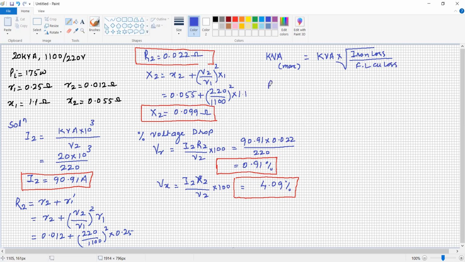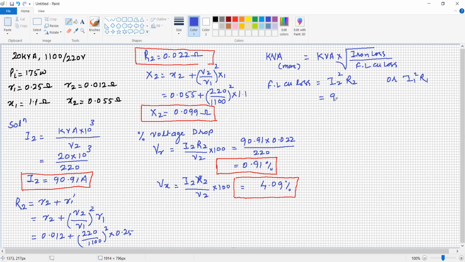So first of all, we will calculate full load Cu loss, which is equal to I2 square R2. It may be written as I1 square R1, but first we have to transfer that resistance to the primary side, and current should be on the primary side. So full load copper loss can be calculated on either side, but the total equivalent resistance should be referred to the same side as the current.